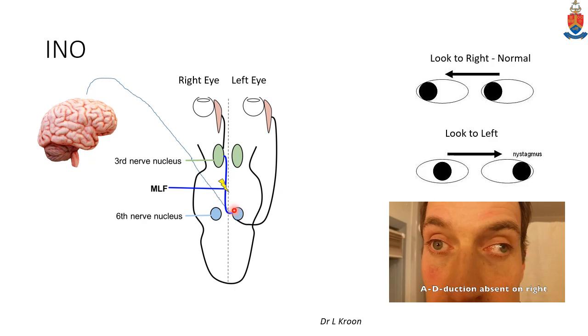But now, because there's a lesion here situated in the MLF, this 6th nerve fails to communicate to the right 3rd oculomotor nucleus complex, therefore causing adduction failure of the right eye.